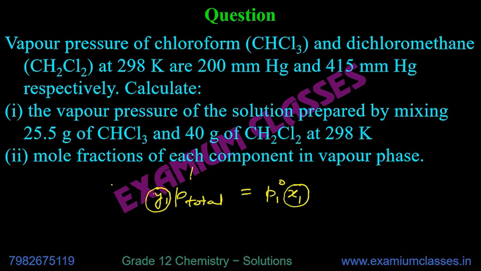Both are P1. From there you got Y1. Similarly, P2 equals Y2 P total equals P2 naught X2. This part I am talking about is the second part.